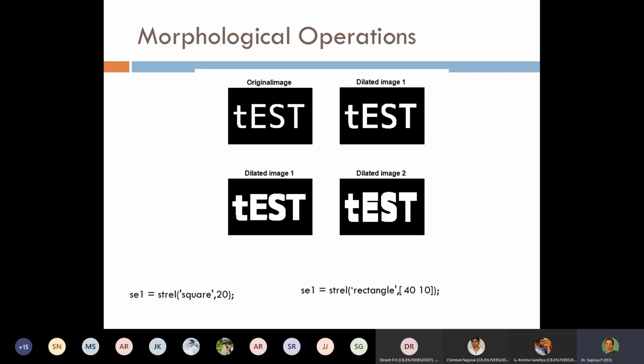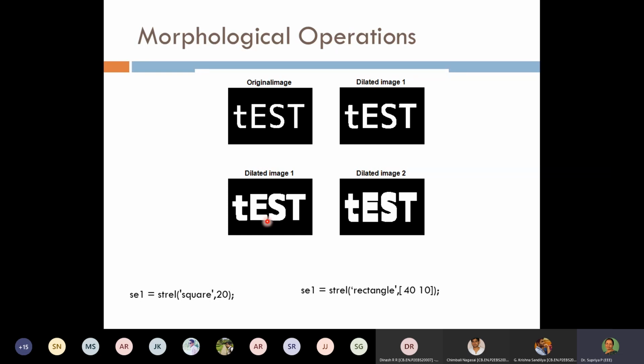So I think in this example we have already seen what the structuring element is. Here you could see it's a square of 20 by 20. Here it is a rectangle of 40 by 10, and as a result, depending upon the structuring element, the size of the dilation, or the whitening part, is either increasing or decreasing.